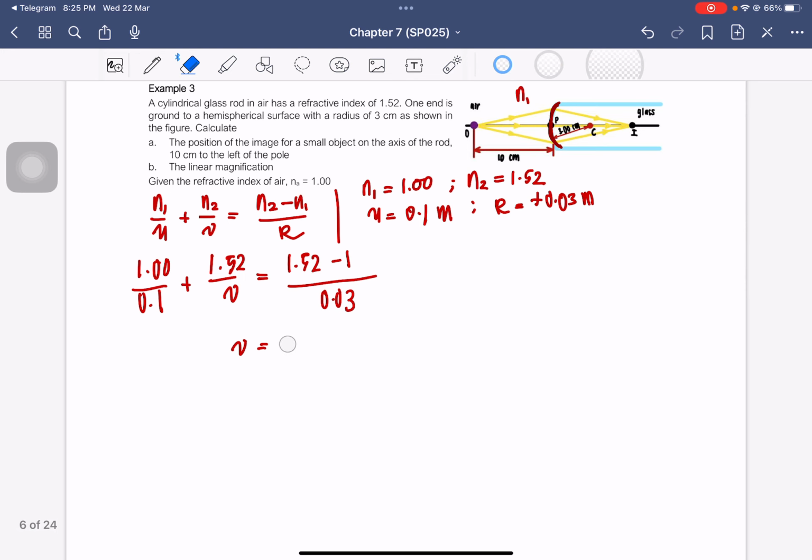Sorry, we want it in meter. 0.207 meter. So that is the position for the image. Okay, this one ni maksudnya dia just bagi tahu the object is 10 cm from the pole, to the left of the pole. Begitulah.